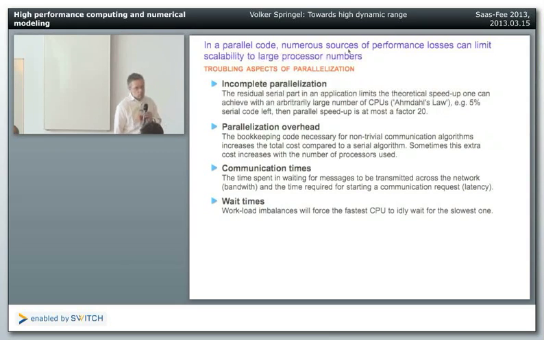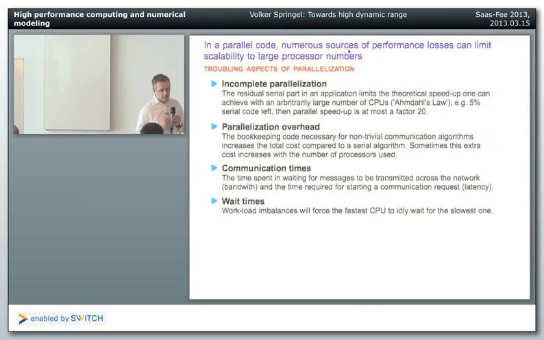What's more likely to burn you are so-called wait times. These are caused by workload imbalances, where if the parallelization does not balance the work that has to be done by different computing cores, then one of the compute cores will finish first, and then it will idly wait until the slowest one is also done, very often because there might be a synchronization point.